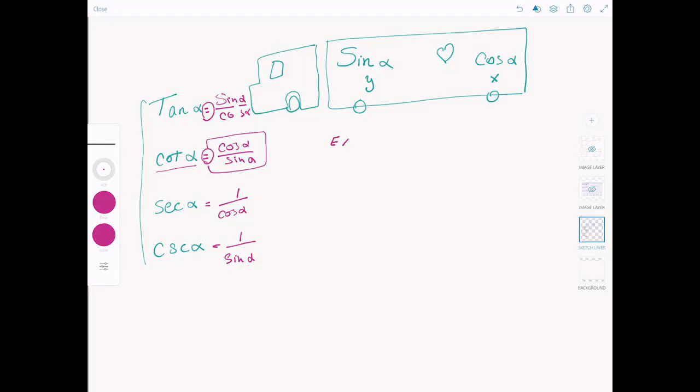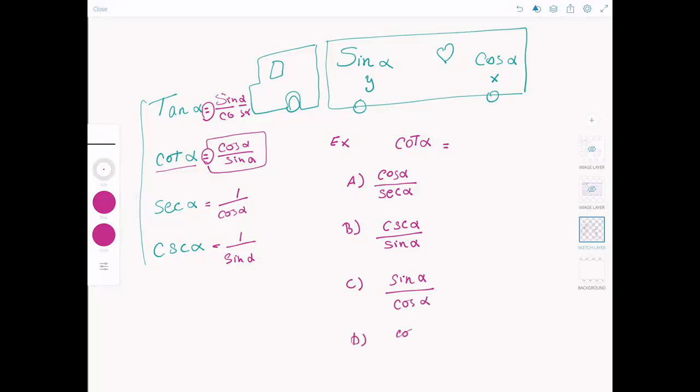Example: cotangent of alpha equals A, cosine of alpha over secant of alpha, B, cosecant of alpha over sine of alpha, C, sine of alpha over cosine of alpha, D, cosine of alpha over sine of alpha.